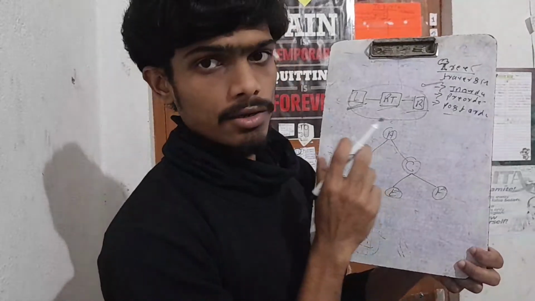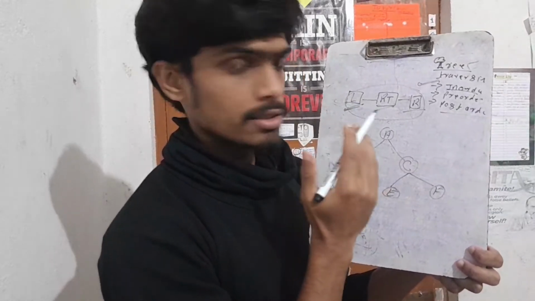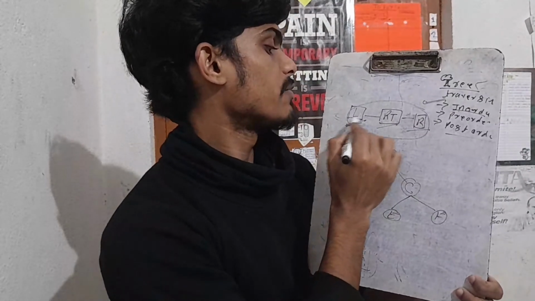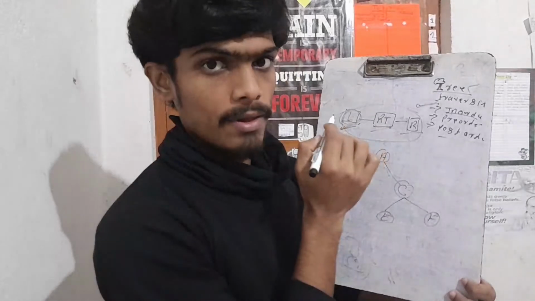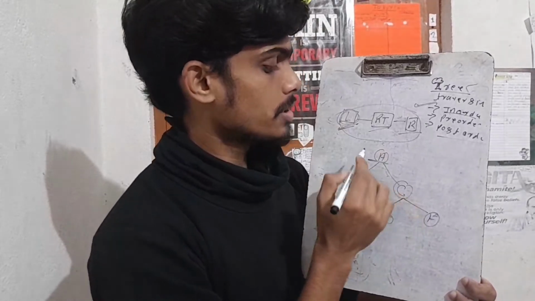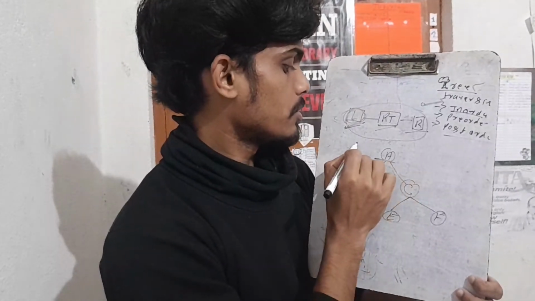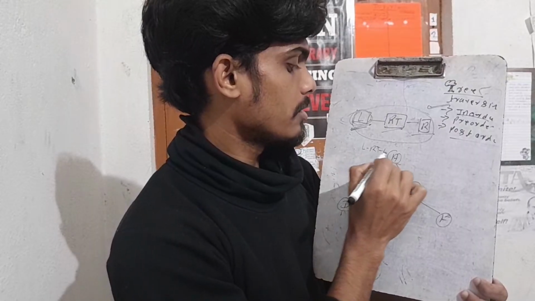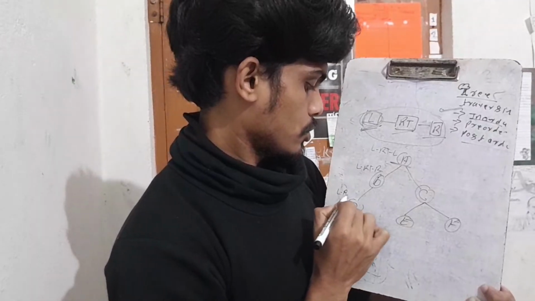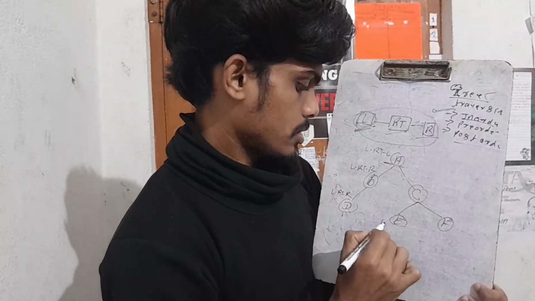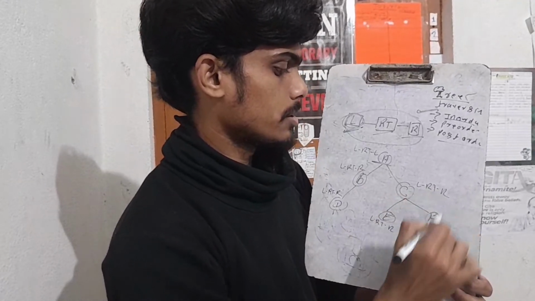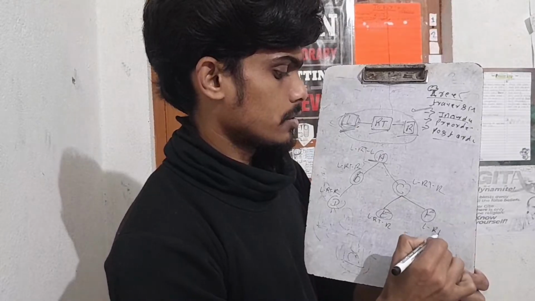In order means we follow this format, and in this format we firstly find the left branch. So if we come here, where is its left branch? Firstly, we denote all of these by this format: left, root, right, left, root, right, left, root, right, left, root, right.